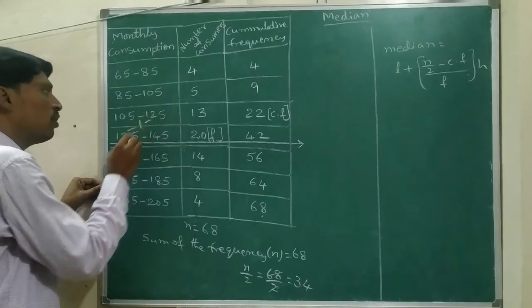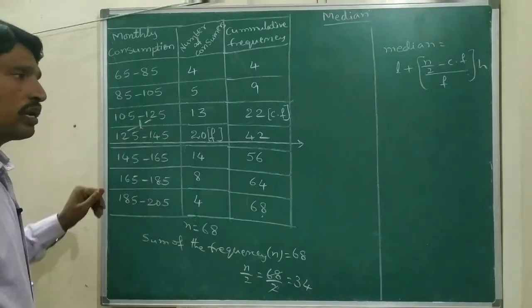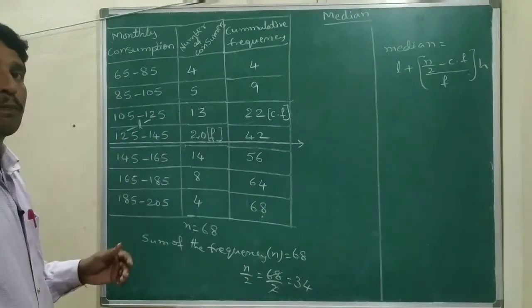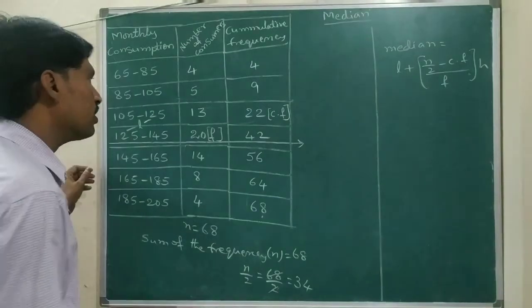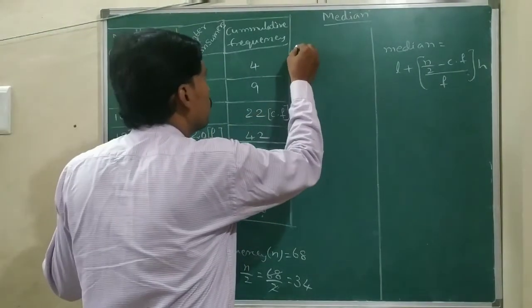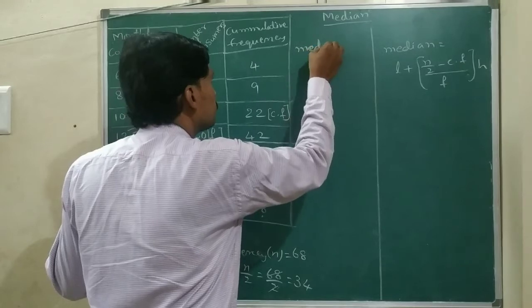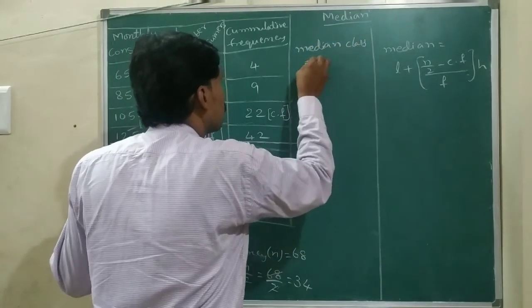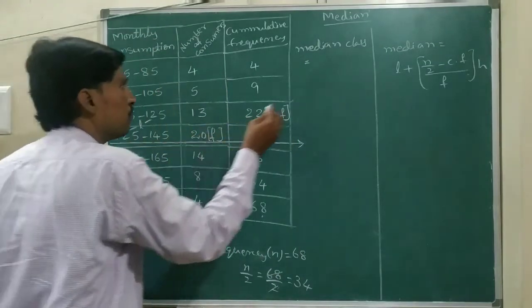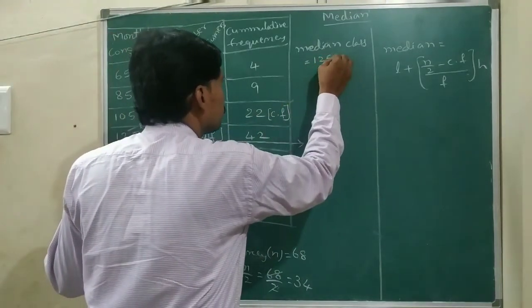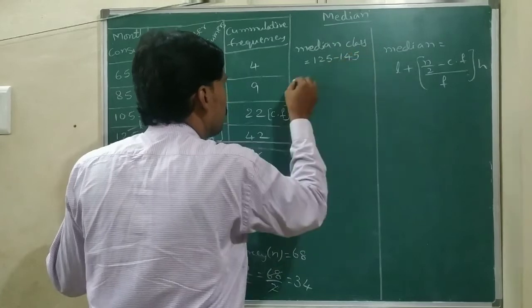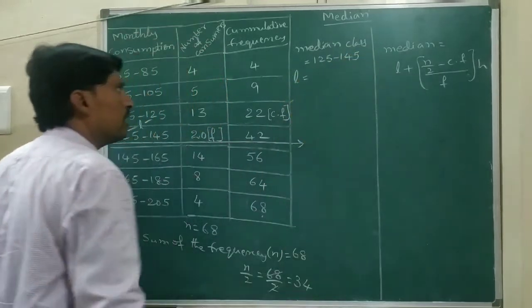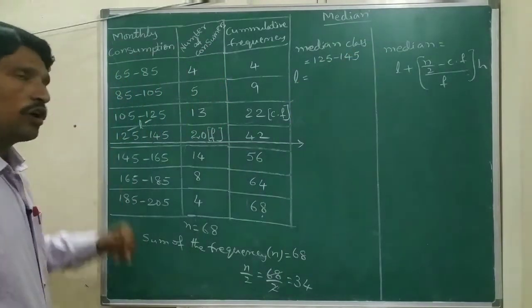Now we have to find the lower boundary. The median class lower limit and the preceding class upper limit, their average we need to take. So what is the median class? 125 to 145. L equals the lower boundary of the median class.